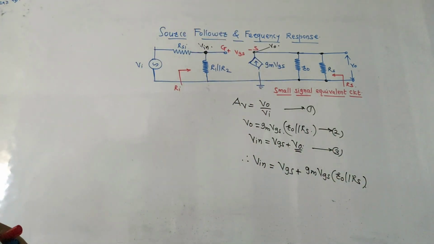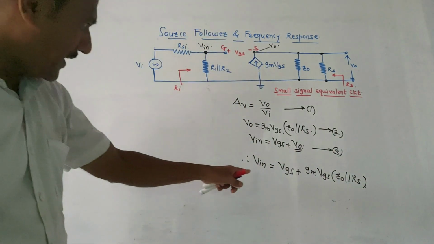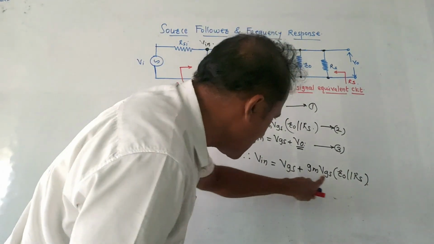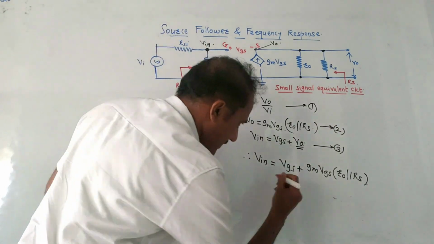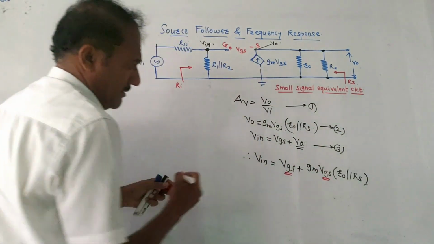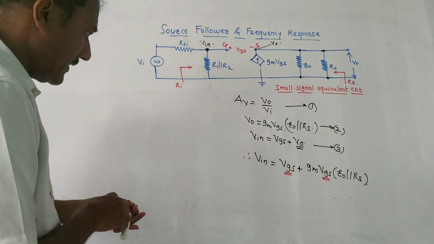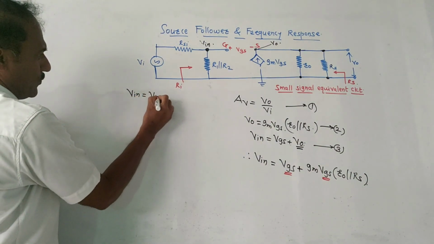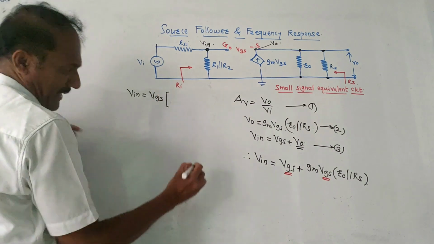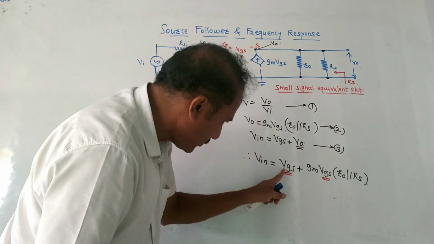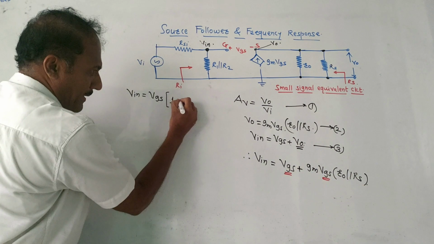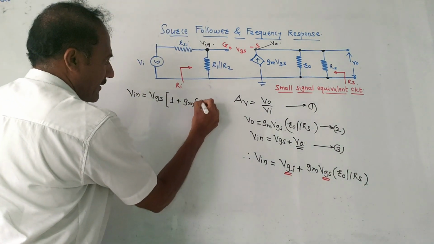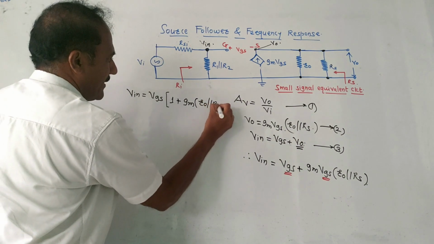This is the value of voltage V in. Now let us take VGS common. This VGS term is common. So we can write the next expression as V in is equal to VGS in the bracket, 1 plus GM, since VGS is taken common, in the bracket R0 parallel RS.